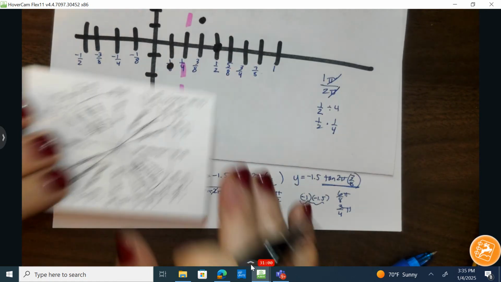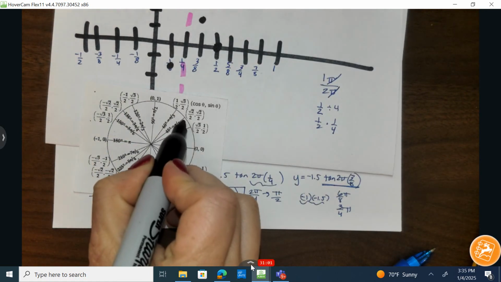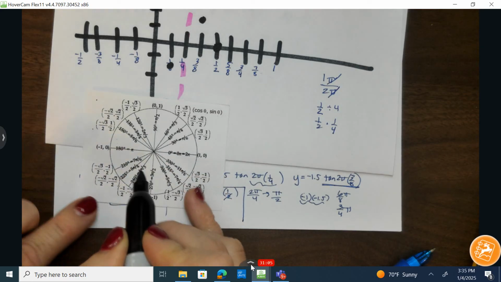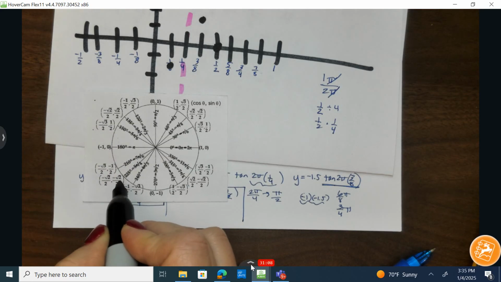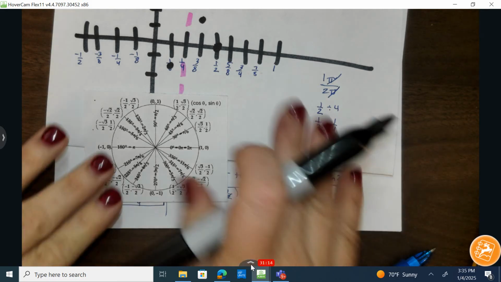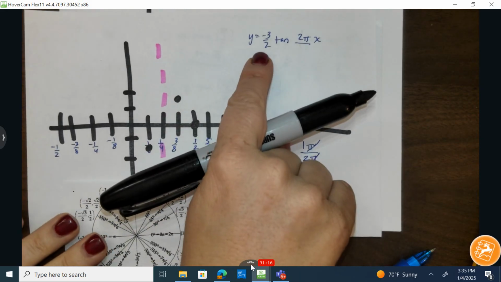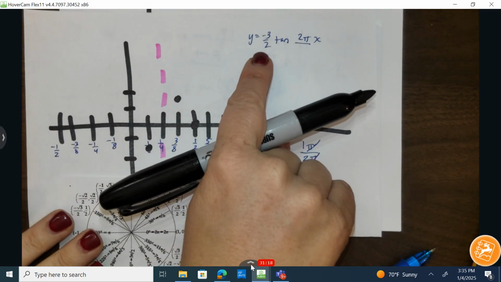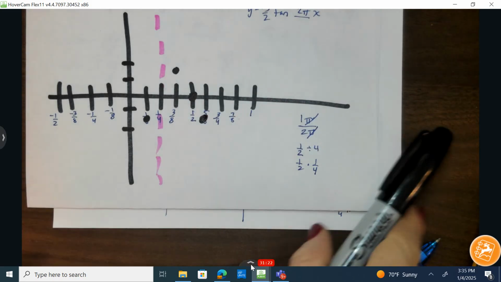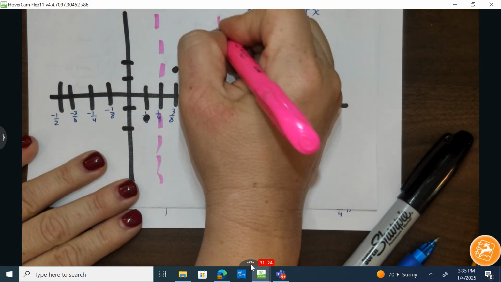All right, let's speed this up. So if we're going in 45s, I've done 1 step, 2 step, 3 step, 4 step. Here's my 5th step. At 5 pi over 4, that's what it would reduce to. When I figure out the tangent, I'd have +1. But +1 times -1.5 would give me a -1.5. And we can see what this is looking like, right?